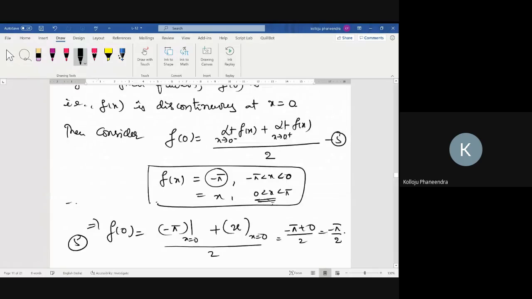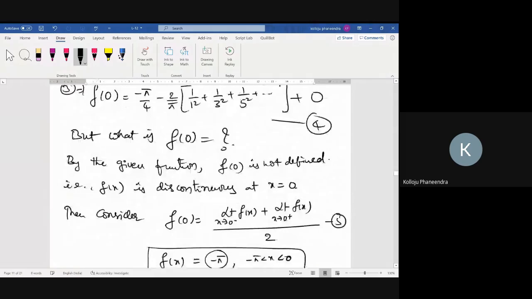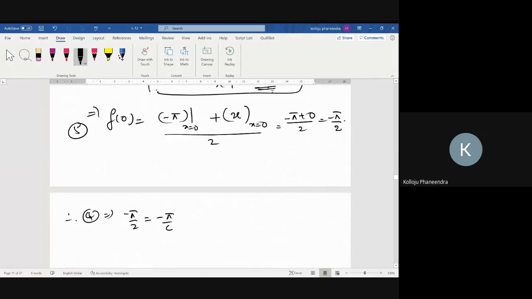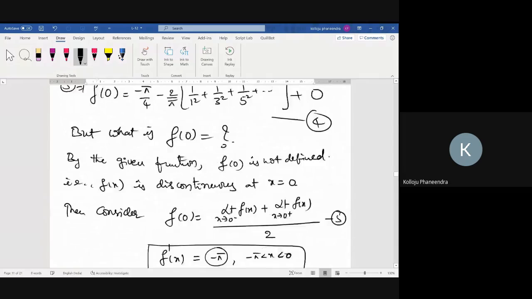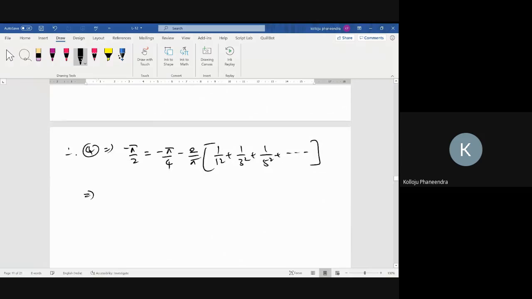Therefore, what is the expansion in equation 4? Equation 4 implies minus pi by 2 equals minus pi by 4, next one, minus 2 by pi times 1 by 1 square, 1 by 3 square, 1 by 5 square, and so on. So 2 by pi times 1 by 1 square, 1 by 3 square, and so on equals minus pi by 4 plus pi by 2. So what is this value?